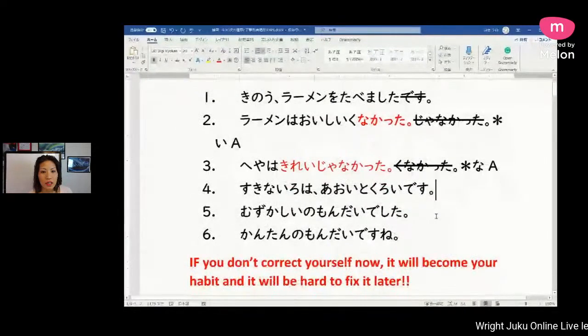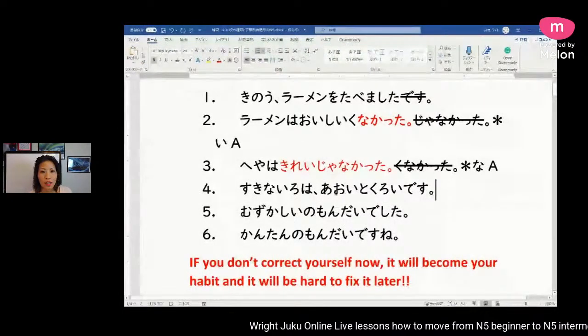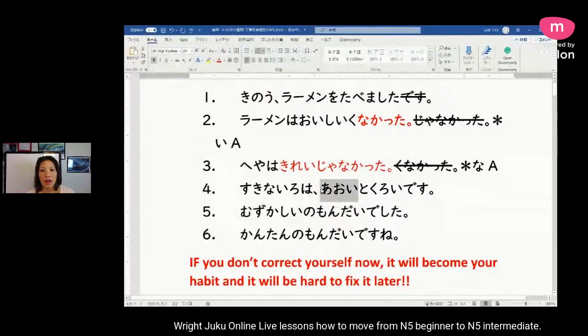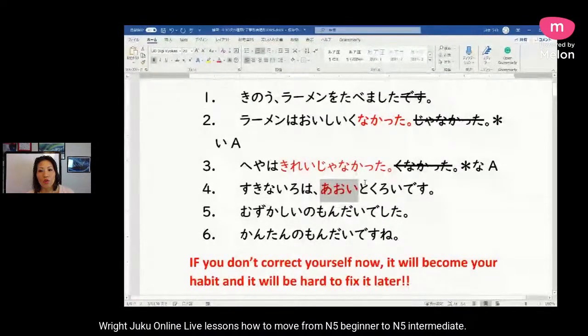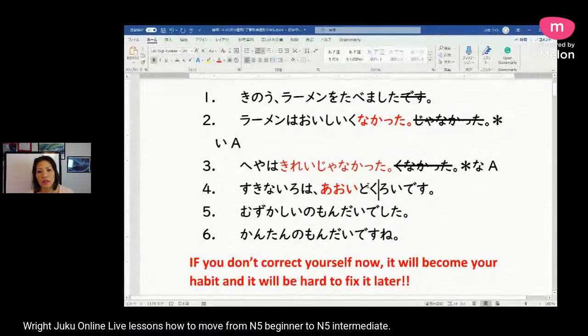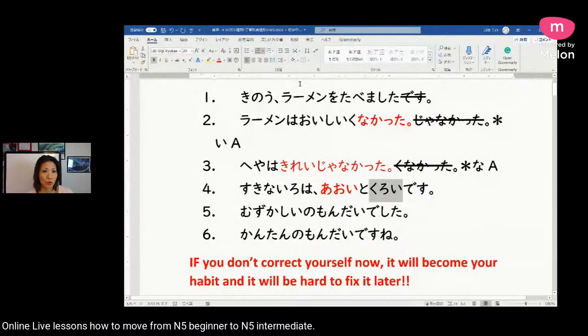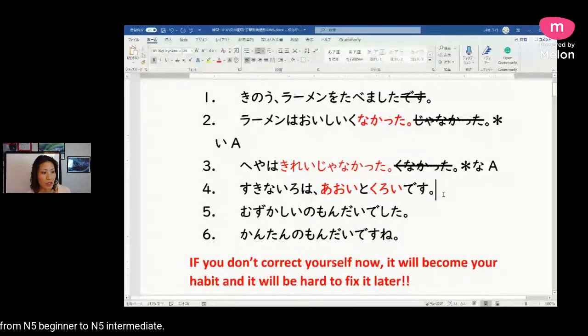好きな色は青いと黒いです。What's wrong with this? I hear this a lot. So, 青い and 黒い. Are these nouns or E adjectives?